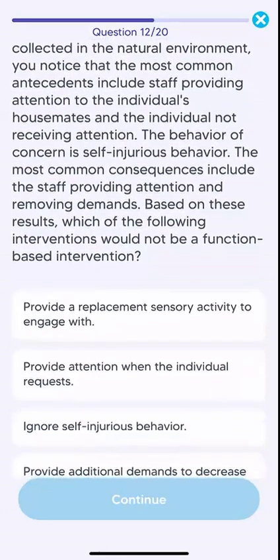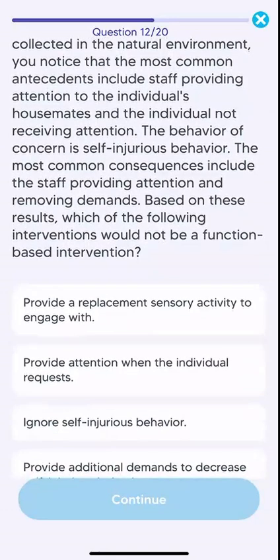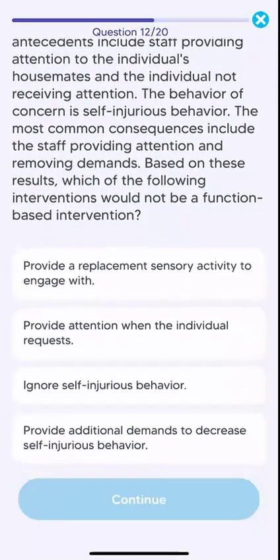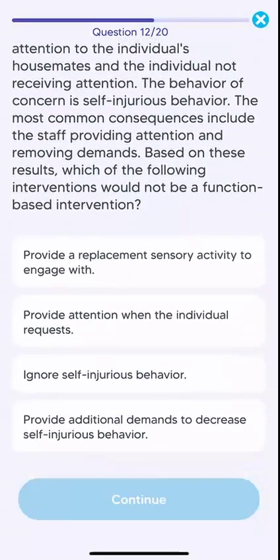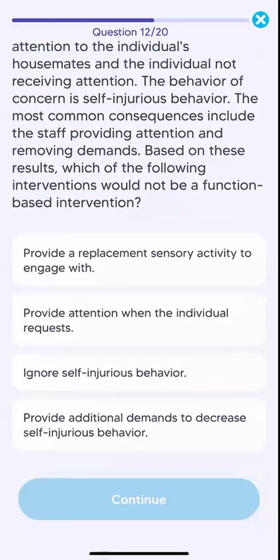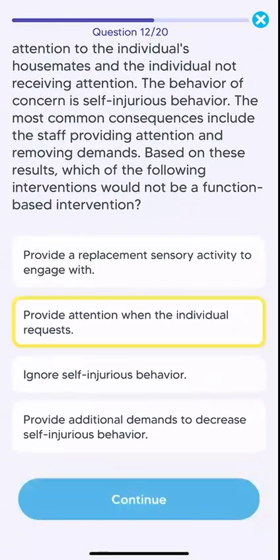The behavior of concern is self-injurious behavior. The most common consequences include providing attention and removing demands. Based on this result, which of the following interventions would be function-based? Provide replacement sensory activity. No. Provide attention when requested, I think this one.